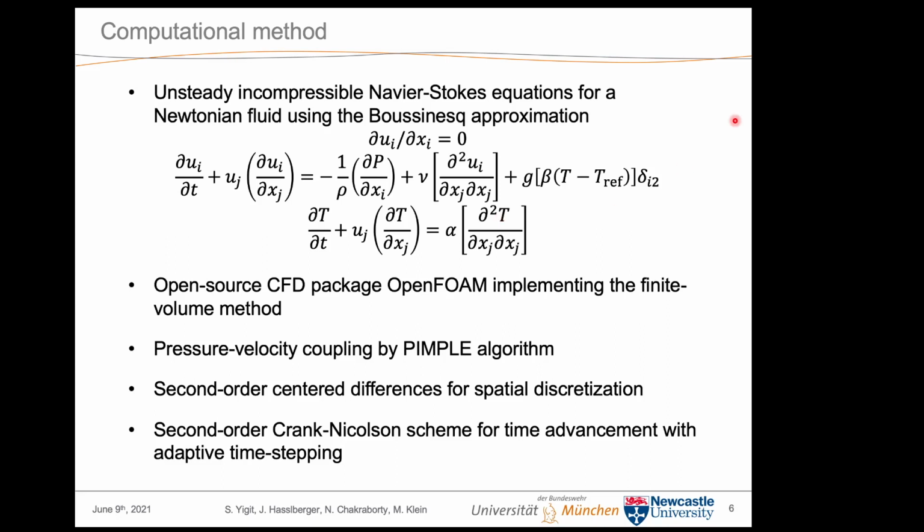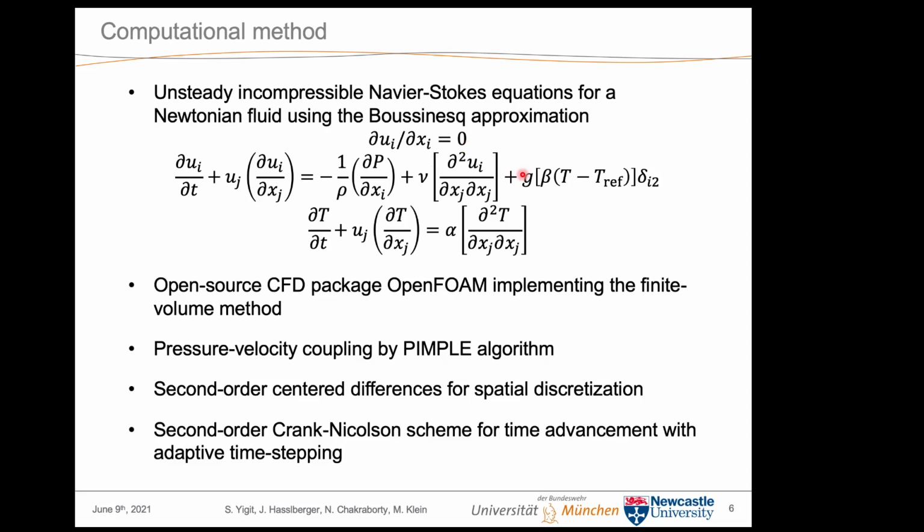And to generate the DNS database here, we have been using the open source CFD package OpenFOAM, which implements the finite volume method. I think there is nothing really unusual here. We have conservation of mass and momentum, which just reduces to the incompressibility condition for incompressible flows.